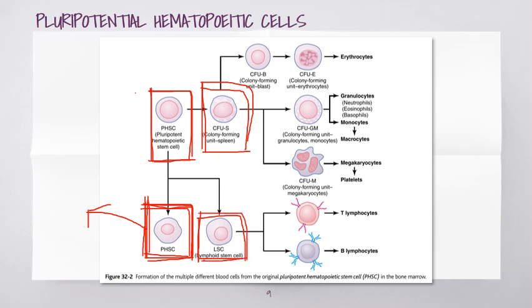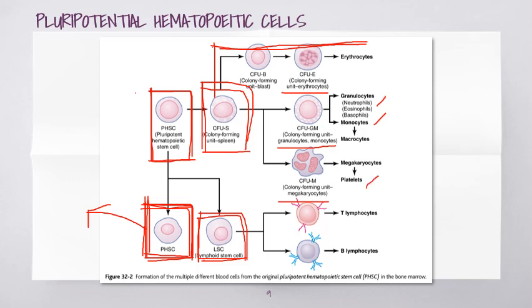From the CFU-S, this is now the line of blood cells that we see in the blood, such as our erythrocytes under CFU-E, or the colony forming unit erythrocytes, our white blood cells under CFU-GM, colony forming unit granulocytes and monocytes, wherein the granulocytes and monocytes are formed. And then the CFU-M, or the colony forming unit megakaryocytes, where our platelets will eventually arise.